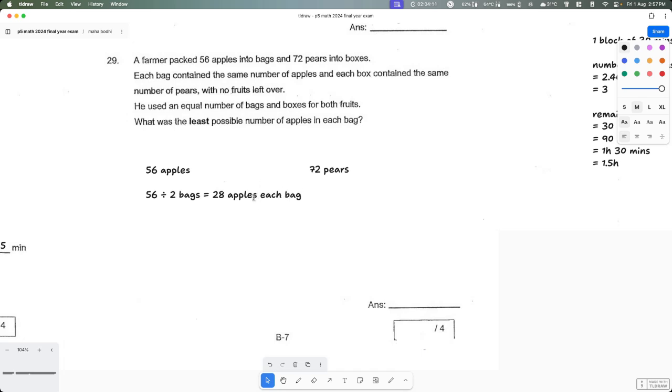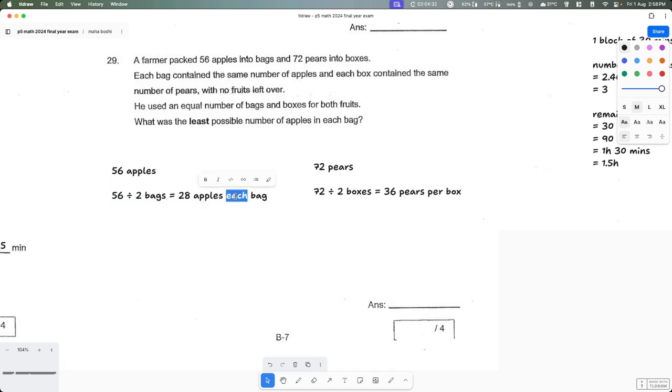For 72, it will be the same. 72 divided by 2 boxes is equal to 36 pears per box. Okay, so can we do the next one?